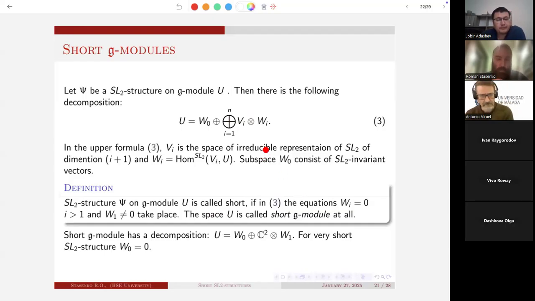So if we do it this way, we can answer the same questions. What is here the object that is in one-to-one correspondence to the irreducible representations?